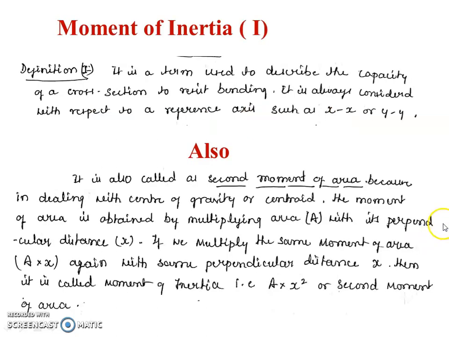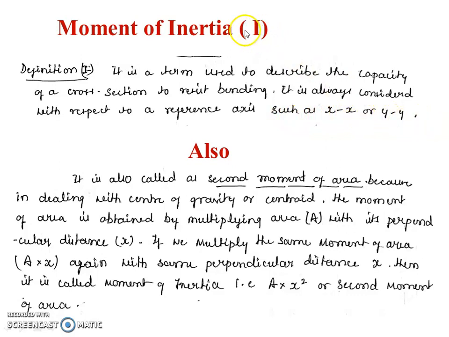Okay, first we will see the definition of moment of inertia. Let me take the definition. It is the term used to describe the capacity of a cross section to resist bending. It is always considered with respect to a reference axis such as xx or yy.